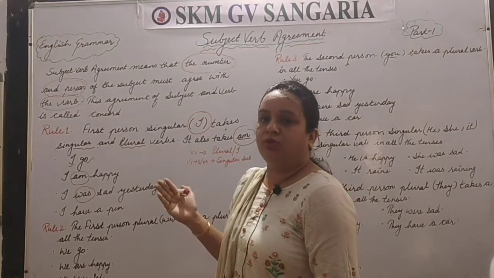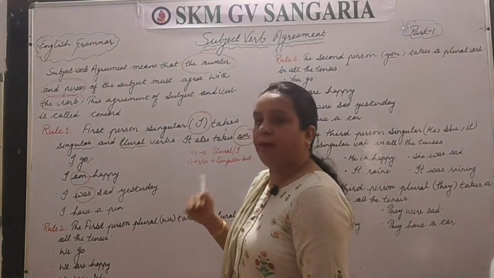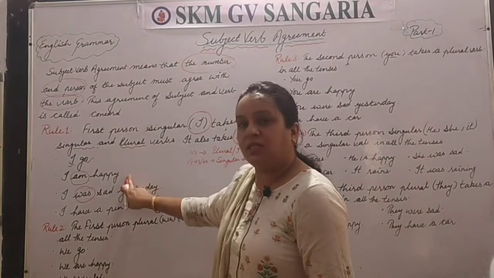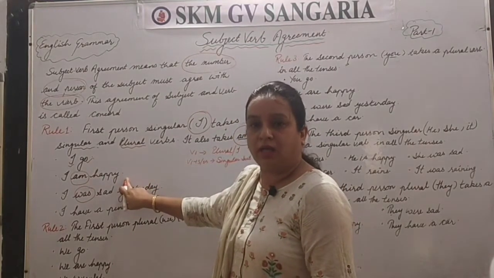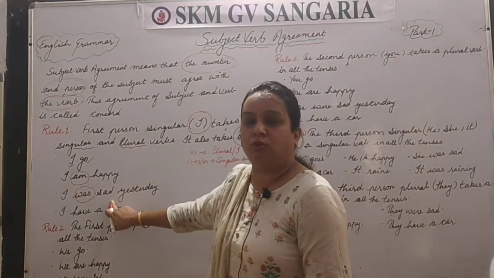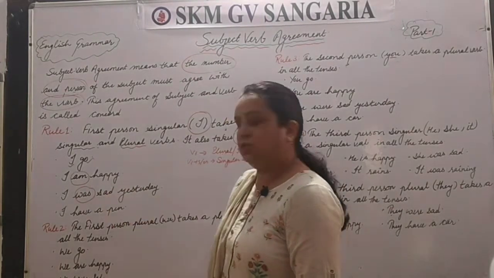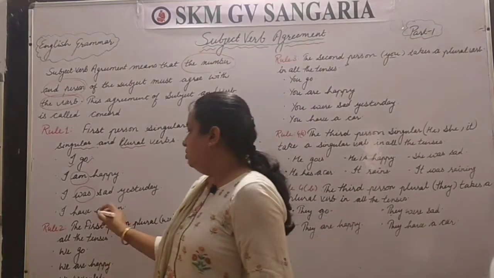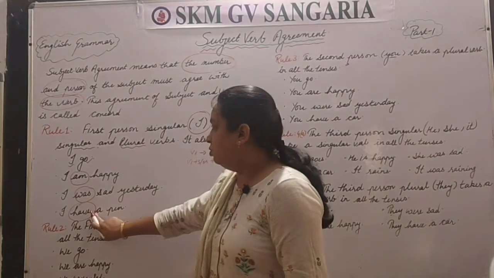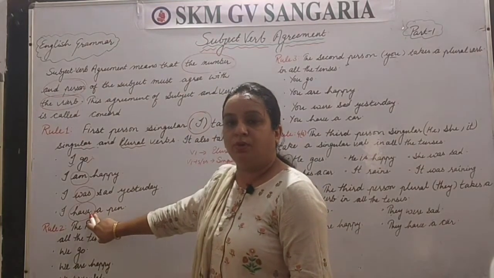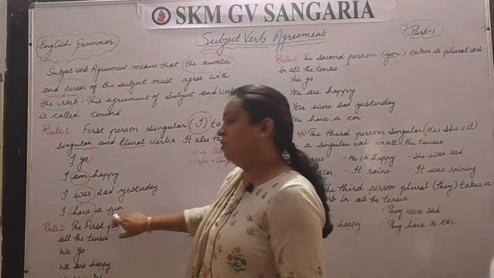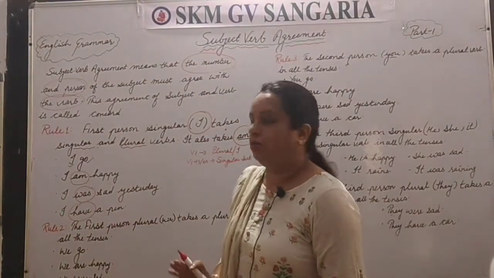In the category of is-am-are, in present tense we use am with I and was with I in past tense. Clear? And when we talk about possession, I have a pen. Again, which verb have I used here, plural or singular? This is a plural verb, have. So these things you have to keep in mind.